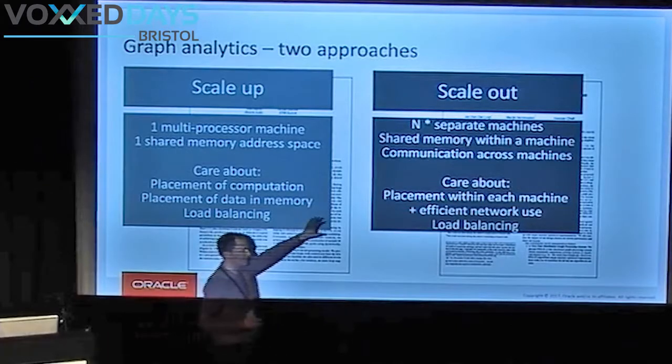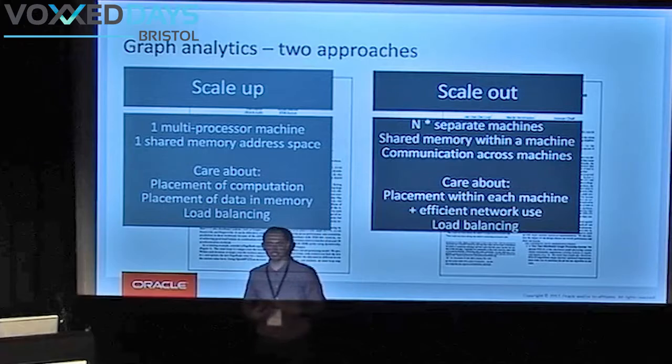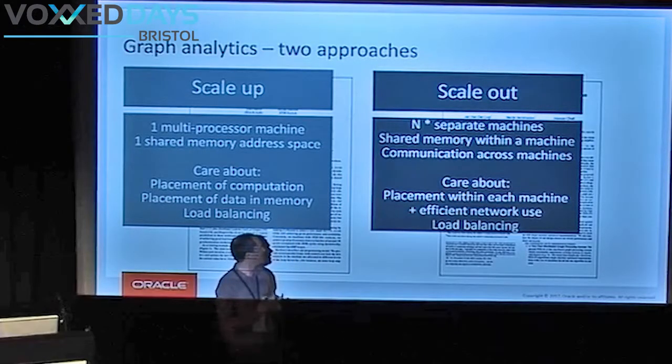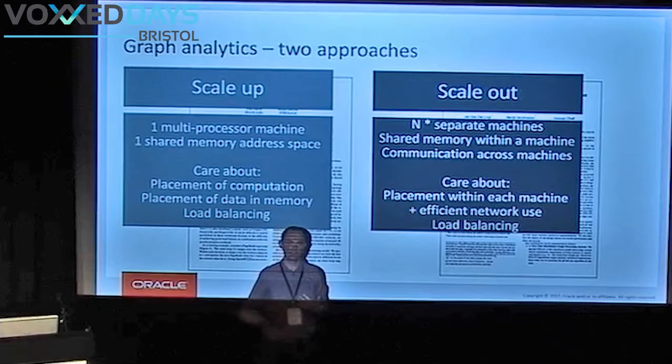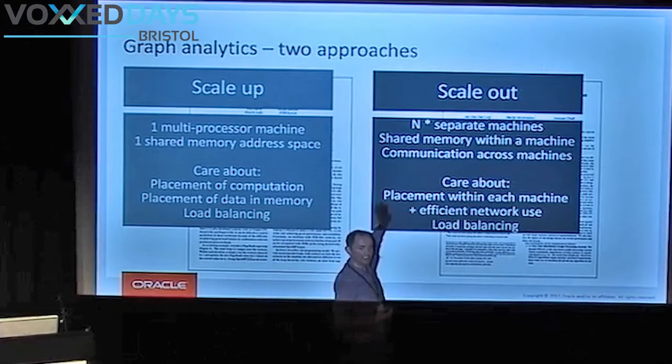Then in the scale-out setting, which colleagues in the US have been working on, we're looking at a cluster of machines and distributing the data across all of the machines in that cluster and having communication when threads running on one machine want to access a portion of the graph that's stored on a different machine. So we're concerned about these locality concerns as well.